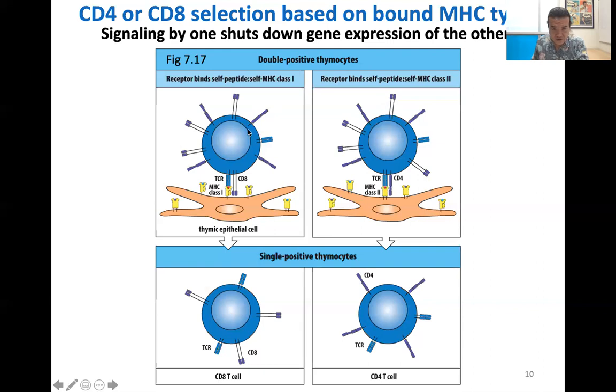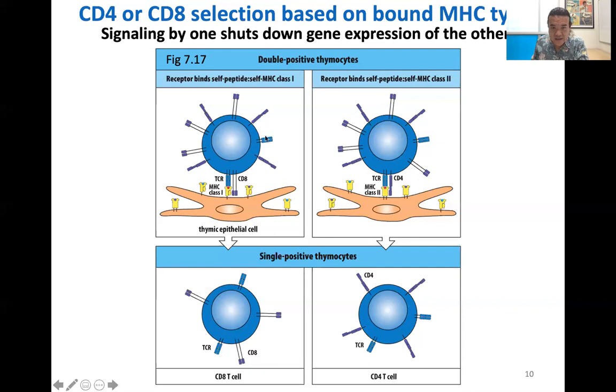Single molecules. So depending upon which type of MHC the TCR has a chance to interact with first and interacts with favorably, that will then determine if the cell becomes CD8 positive or CD4 positive only. So in this case, this double positive thymocyte on the left binds with its TCR to the red dot on MHC1.